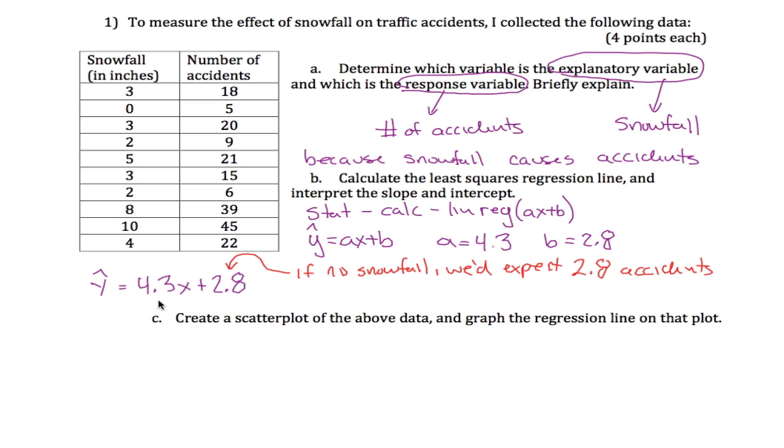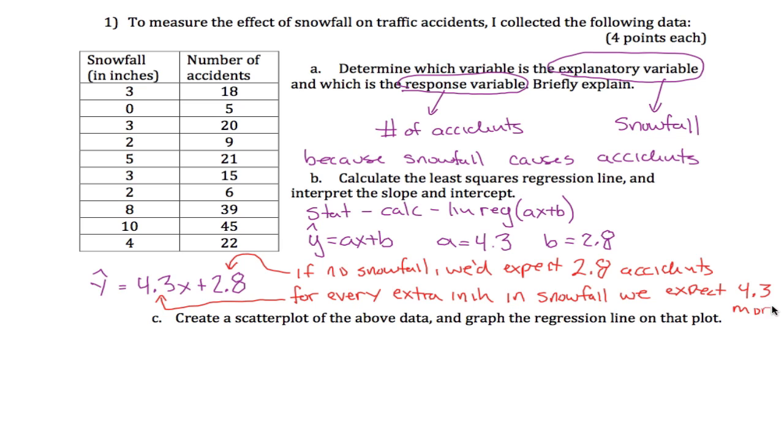Alright, and then this slope here is saying that for every increase in the explanatory variable by 1, that is for every extra inch in snow, we expect 4.3 more accidents. We're running out of room here. More accidents.